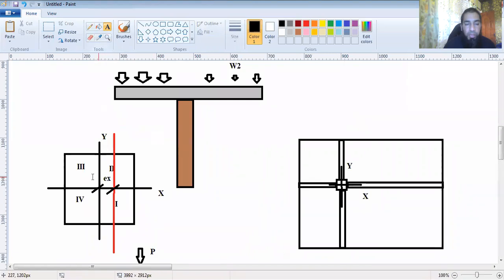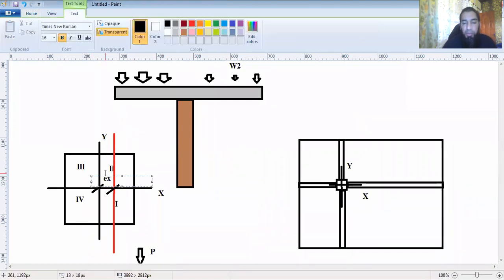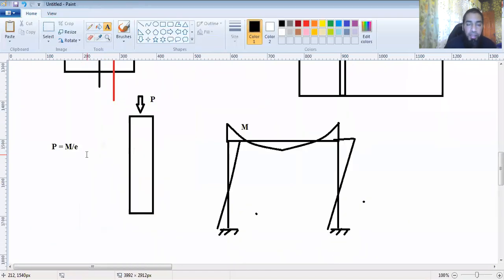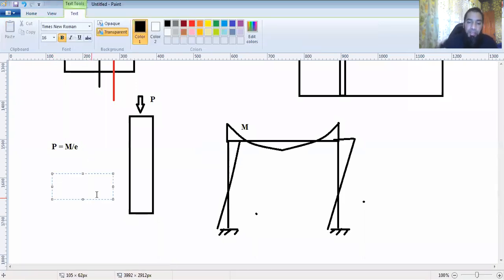The actual load acting on the cross section of this column was P. Now that load is getting transferred into moments. A moment is always load into a lever arm. So this is the load and this is the lever arm.